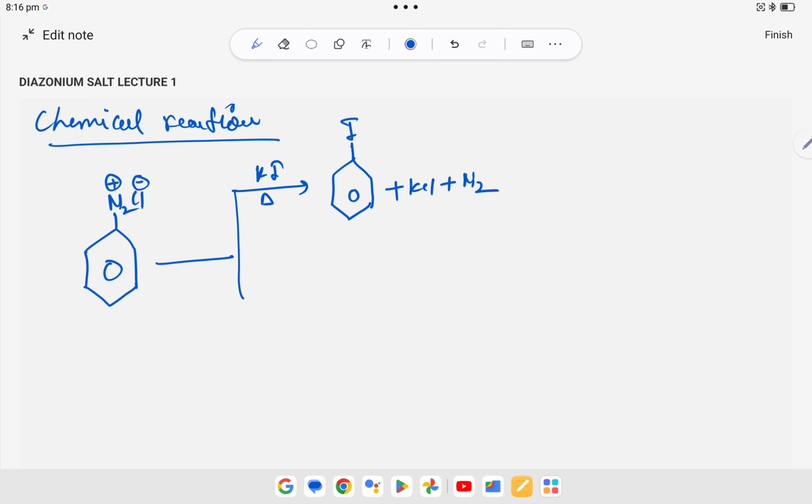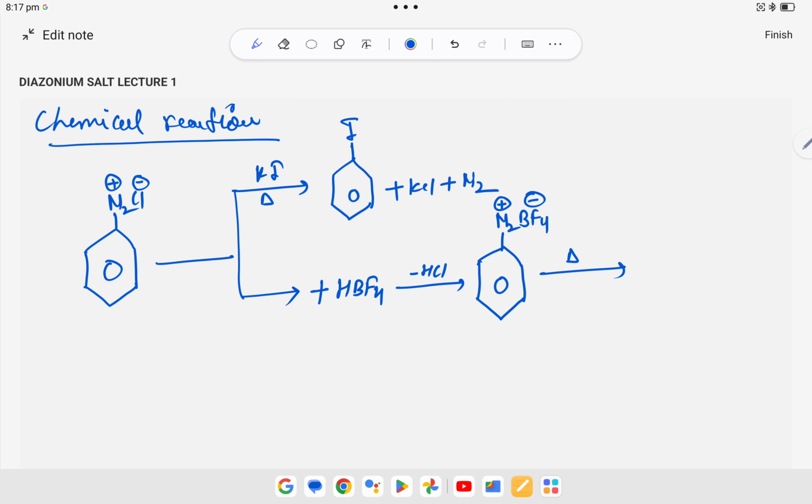In the second case, this diazonium chloride reacts with HBF4, then first HCl is removed and this species forms: N2+BF4-.